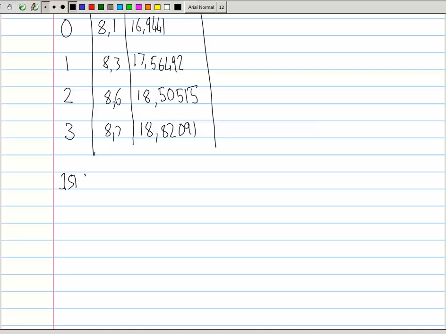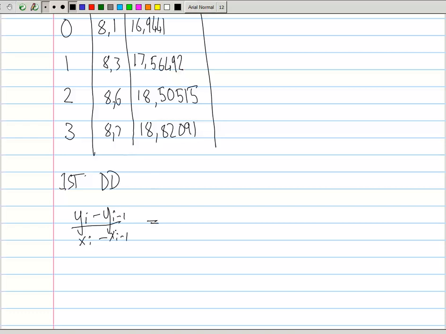Our formula for the first divided difference, as we had before, is yi minus yi minus 1 over xi minus xi minus 1.